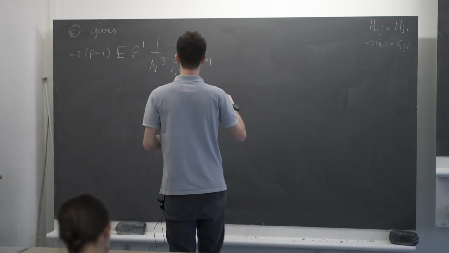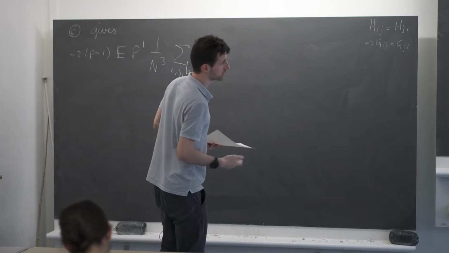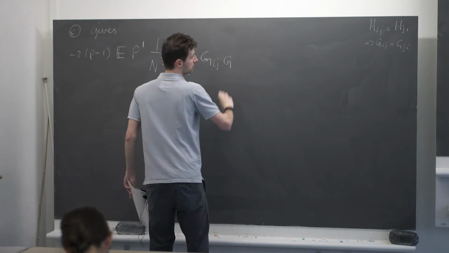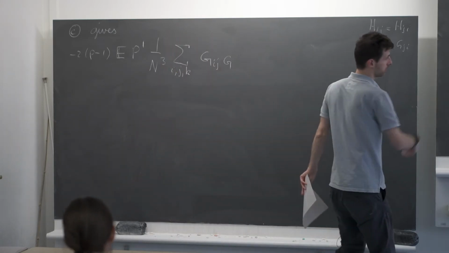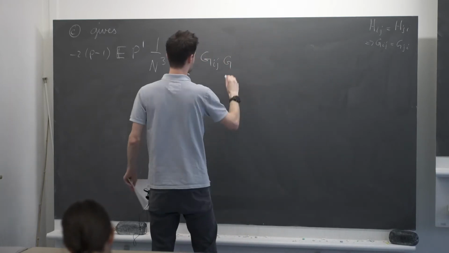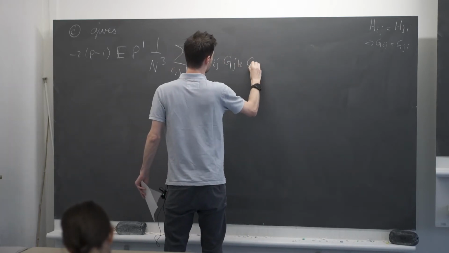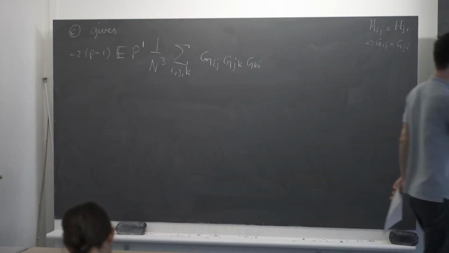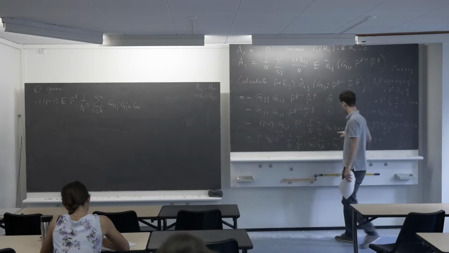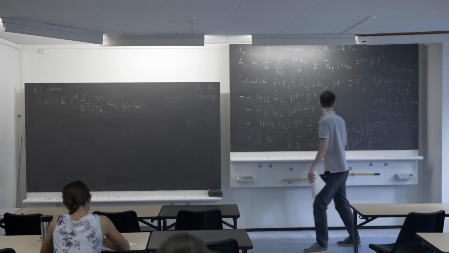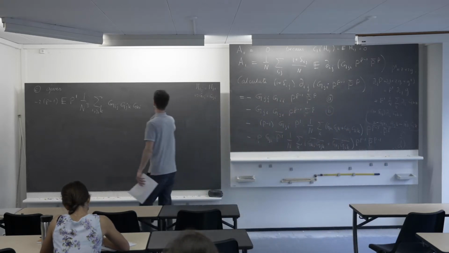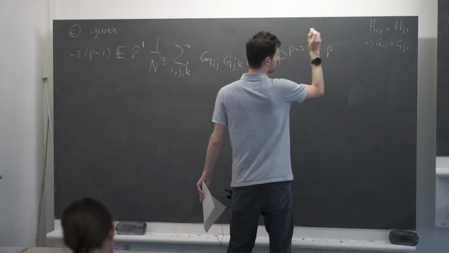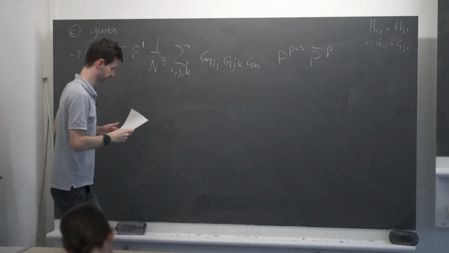So I can swap these indices as I wish. So I will have G_ij, which comes from this one, G_ji. Write it as G_ij, and then I have G_jk, and then I have G_ki, from this one. So I swap the indices. I have G_ij, G_jk, G_ki, and then I have p to the p minus 2, p bar to the p.